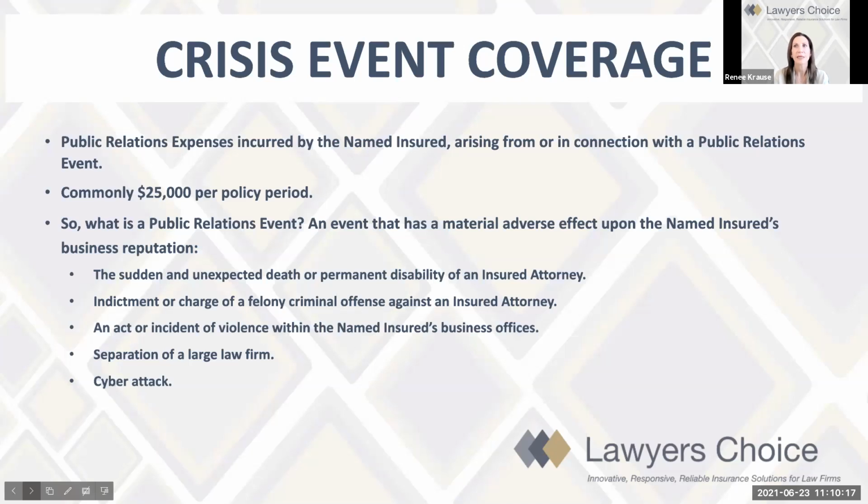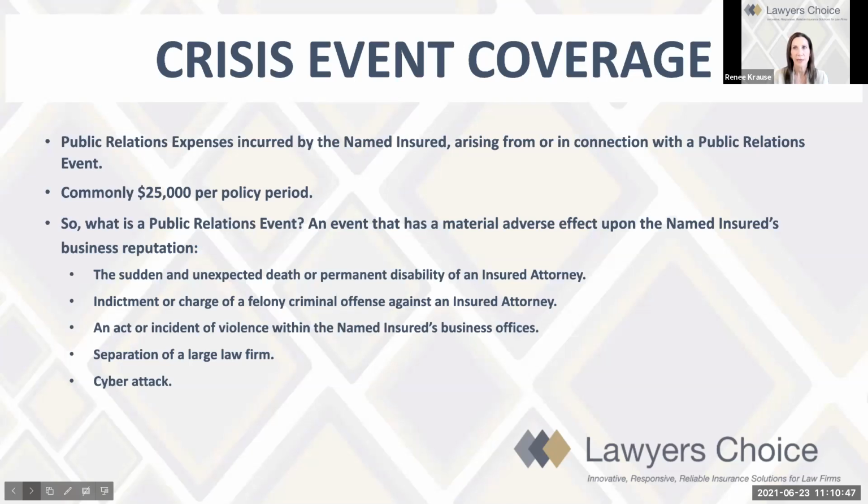One would be the sudden and unexpected death or permanent disability of maybe a key attorney, an indictment or charge of a felony criminal offense against an attorney, an accident or incident of violence at the offices, a separation of a large law firm, or a cyber attack. So basically, crisis event coverage is going to cover any event that creates a loss of faith in the firm by the clients.